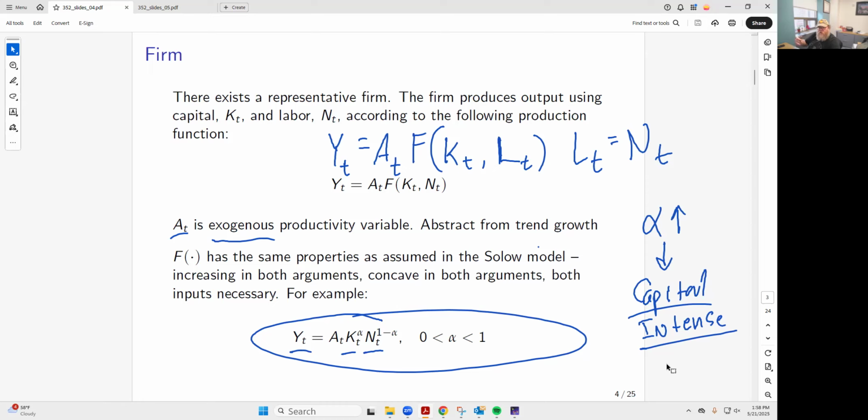And so we have capital intense countries, like the US is a capital intense country. And then I'd say a country like Bangladesh is a labor intense country. If your economy is a labor intense economy, what that means is that the firms in your economy tend to be labor intensive firms. And if you are a capital intensive economy, that means the firms in your economy tend to be high capital intense firms.